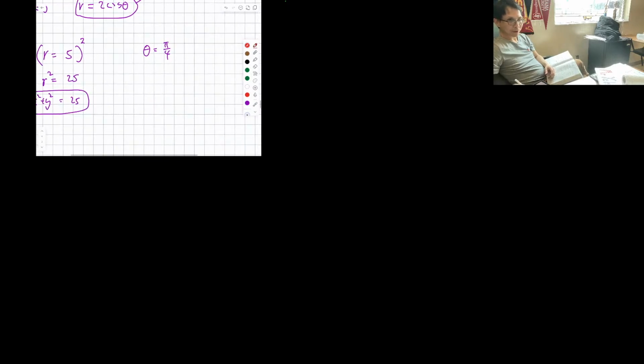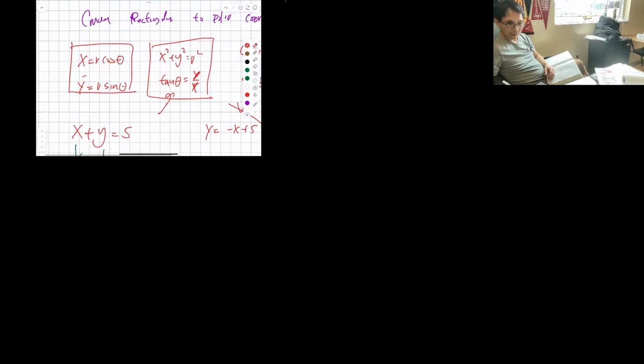Okay, let me ask you, what does this look like? Yeah, you're right. It's pi over 4. It's a line. So what we can do is use this formula here. We have theta, so we can take the tangent of both sides, right?